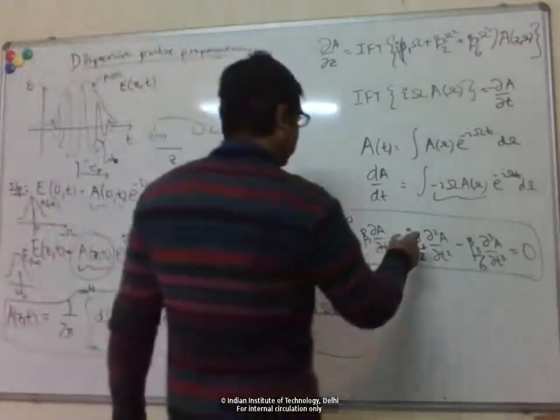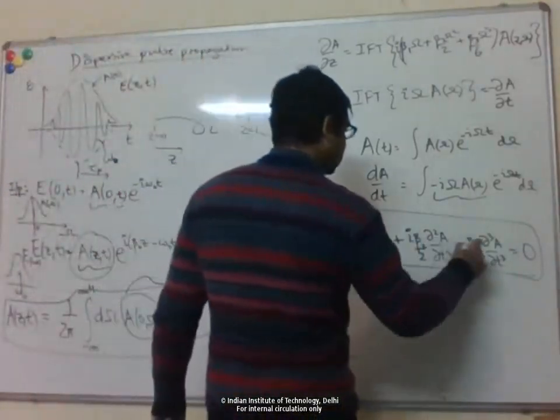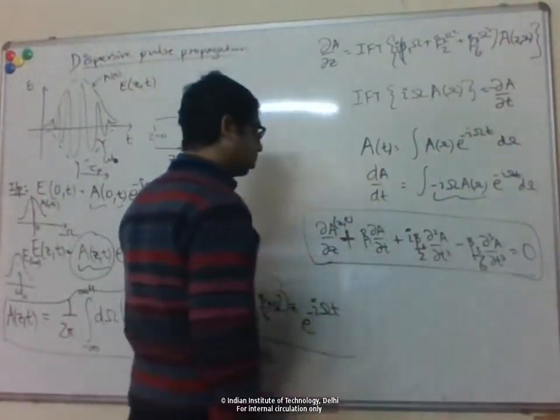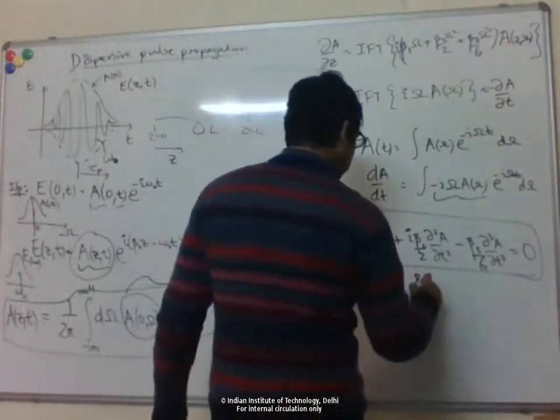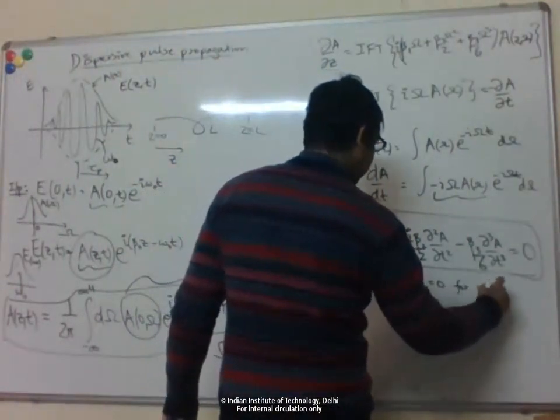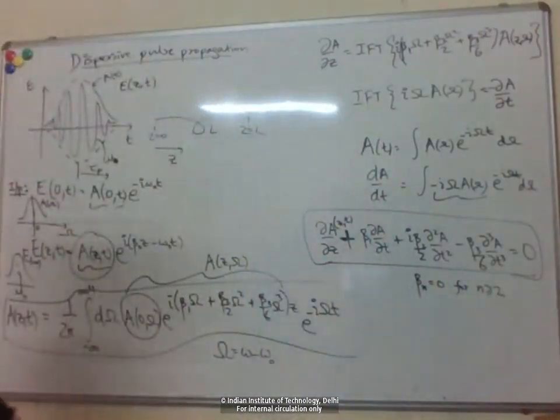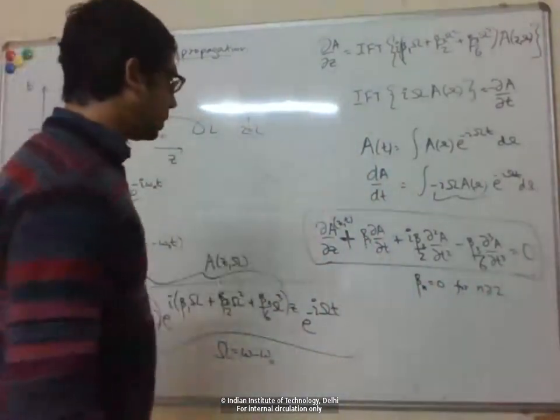So now let's say we have a medium with no dispersion, which means that beta 2 and all higher orders are 0. Right? So let's say beta n is 0 for n greater than or equal to 2. So there is no group velocity dispersion and no higher order dispersion.